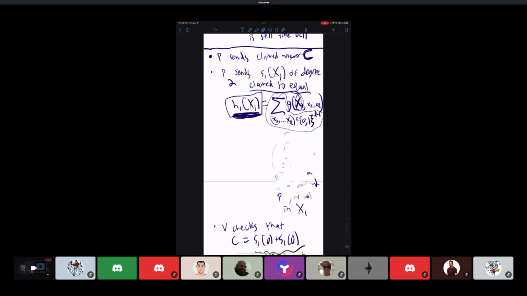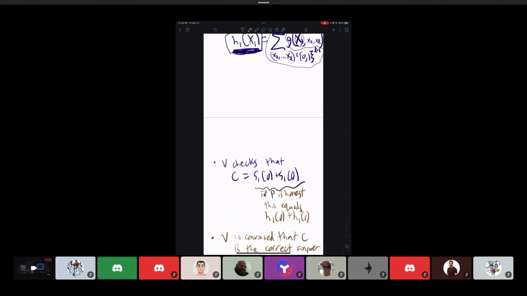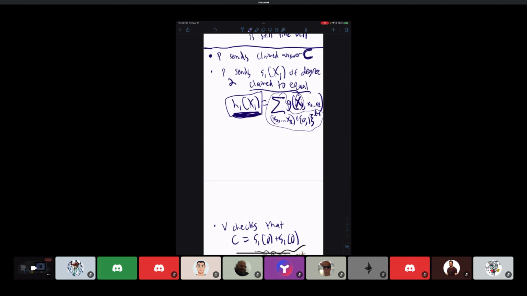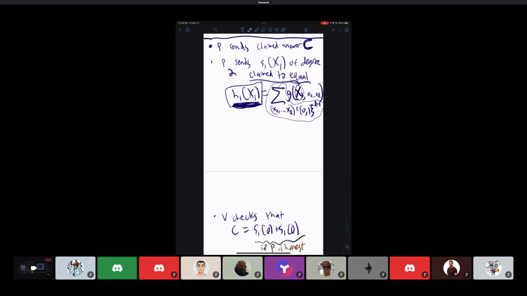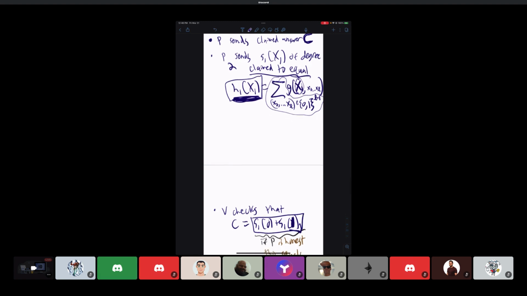I have everything I need to answer it on the screen right here. So this is basically round 1 written out up to the verifier's challenge. And you could have the prover not send C, in which case you would just define the claimed answer to be S1 of 0 plus S1 of 1. Sorry, I wrote S1 of 0 plus S1 of 0 before.